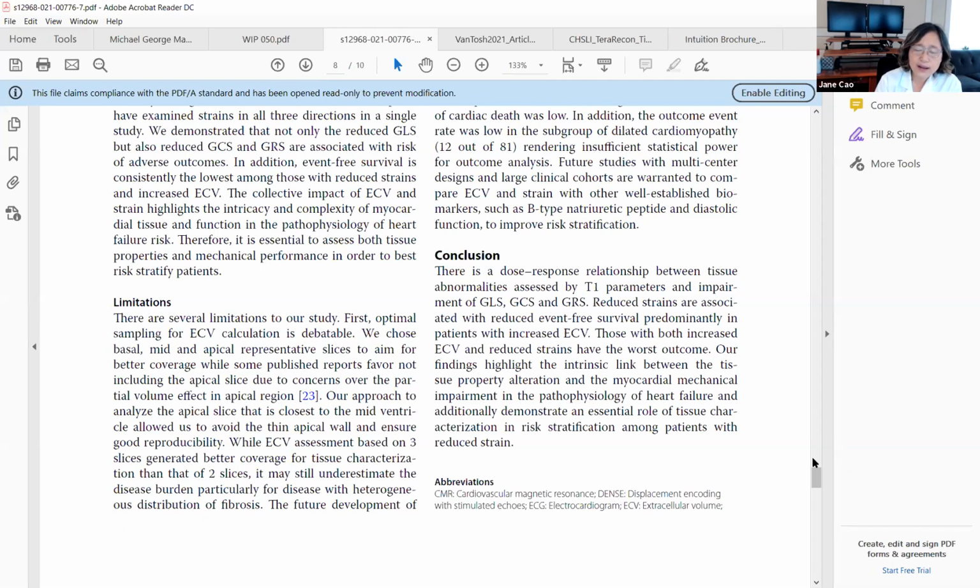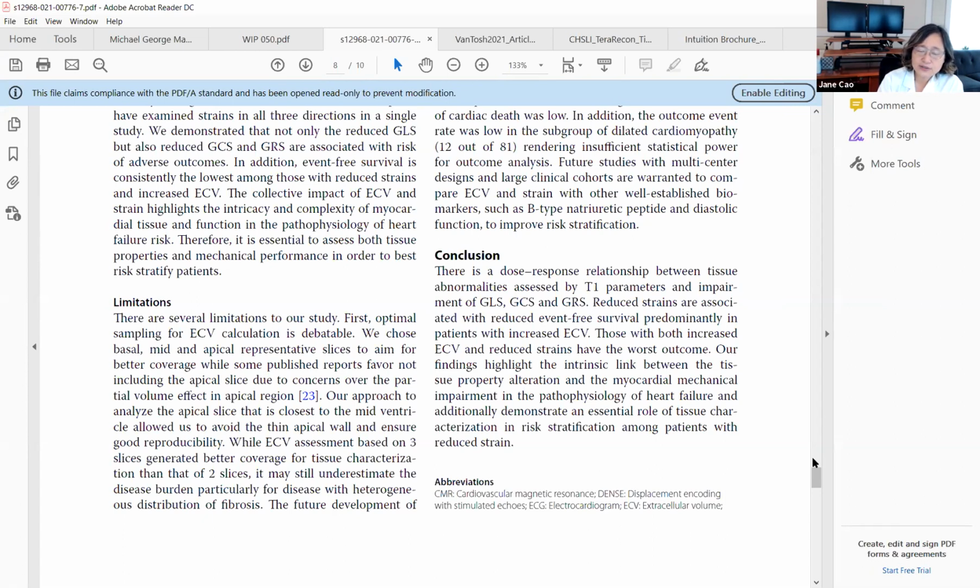We confirmed prior observation that reduced strain is associated with adverse outcome risk. However, we noted that the outcome risk in association with reduced strain occurs only when ECV is increased and not when ECV is normal. Those with both increased ECV and reduced strain have the worst outcome.